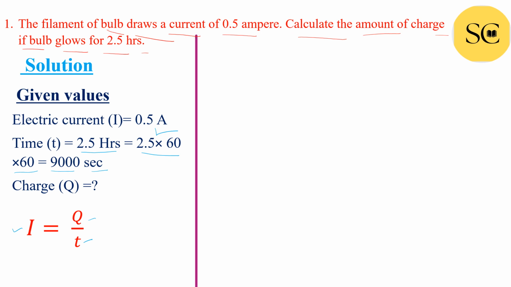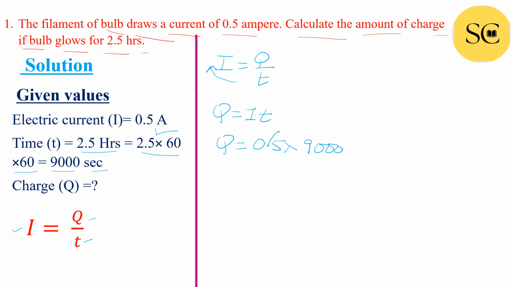So let's solve the question. The formula is I is equal to Q upon T, and we have been given the value of I and T. So after cross multiplication, we have the new formula Q is equal to I into T. Now put the value of I, 0.5, into time, 9,000 seconds.